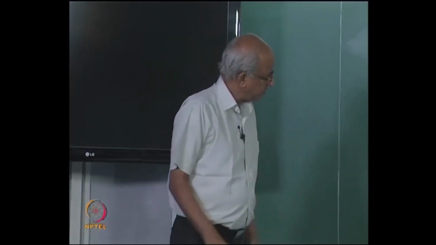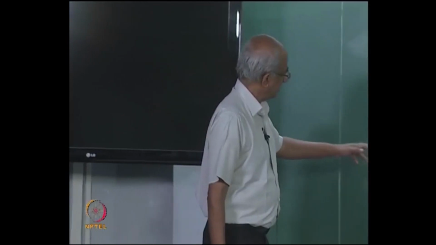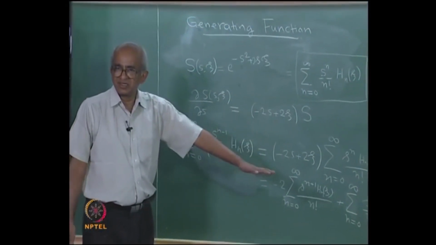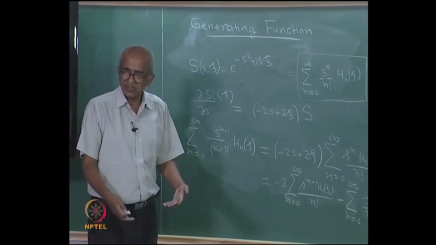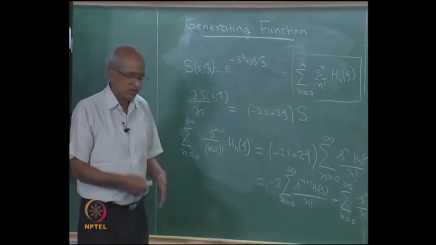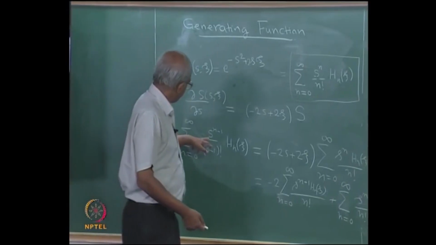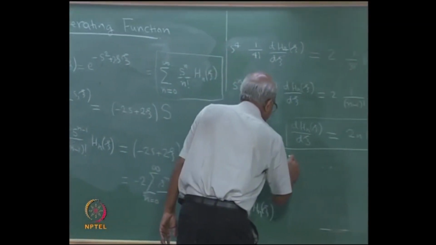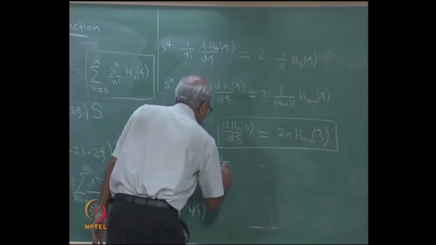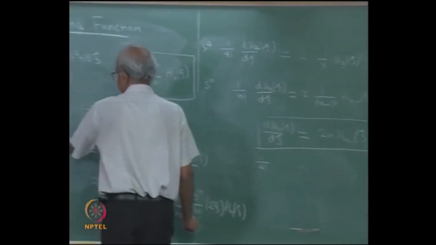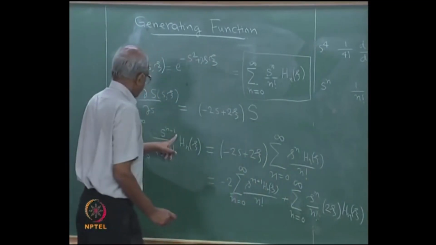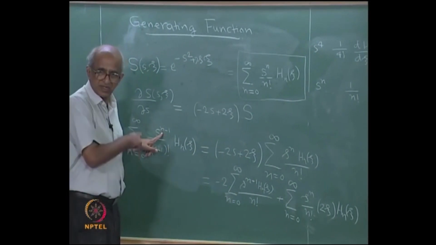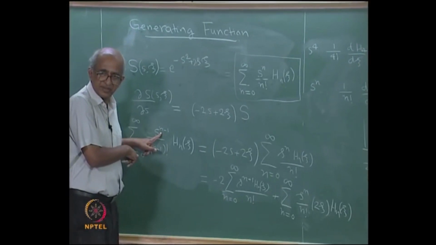So just as before, maybe we will just look at the coefficient of s to the power of 4 on the left hand side as well as on the right hand side, equate the two, see what happens and then generalize it. So what will be the coefficient of s to the power of 4 here? It is going to be 1 by 4 factorial, right. You have to say n minus 1 in here is equal to 4, because I want to get the coefficient of s to the power of 4.